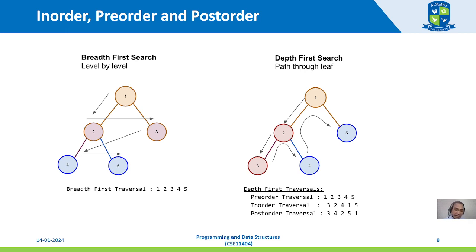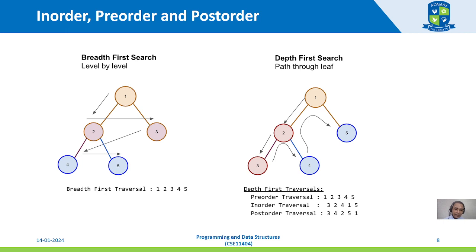So in case of in-order traversal, 3 is traversed first and then 2. That means in-order traversal will happen left, then root, then right. You can see 3, 2, 4: left, root, right.